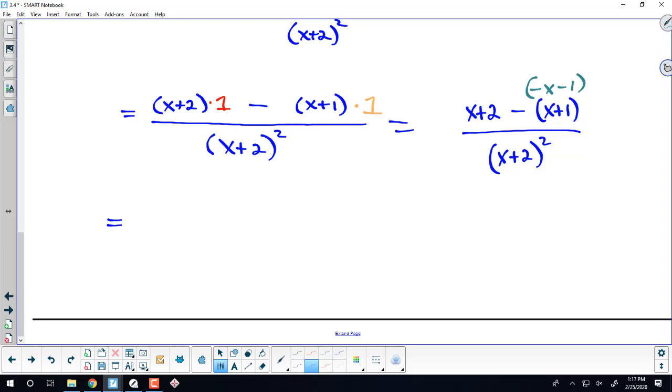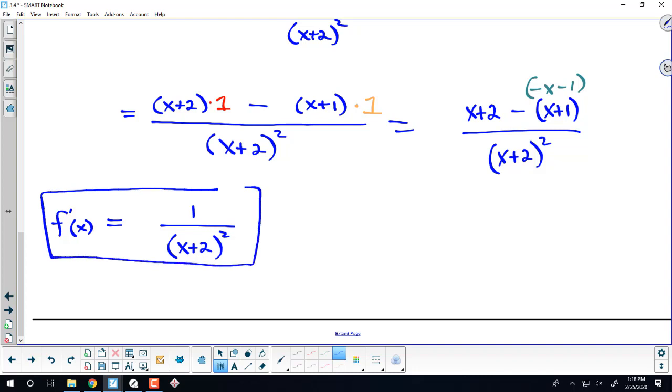So we have 2 minus 1 on top, all over x plus 2 squared. And that's our derivative. We simplified that because it wasn't much effort, just combining like terms. Anybody have any questions on that?